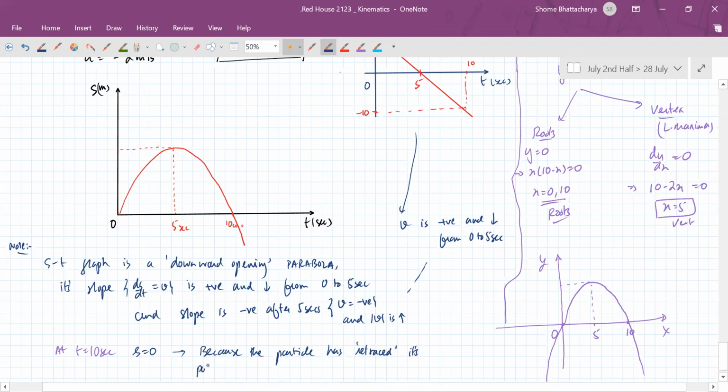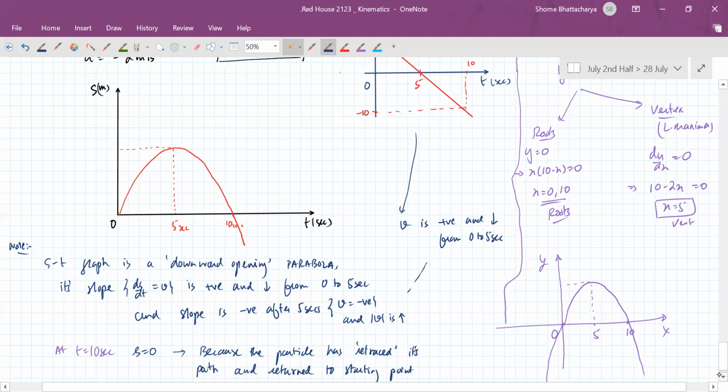Retraced means it has traced back, come back like a mirror image along the same path that it went, and returned to the start point.